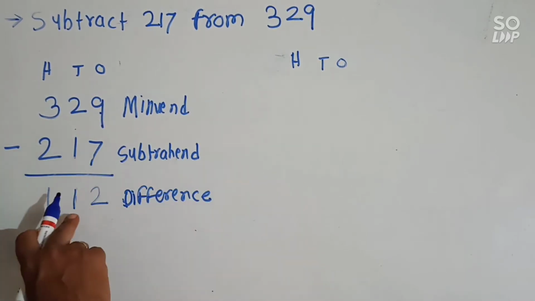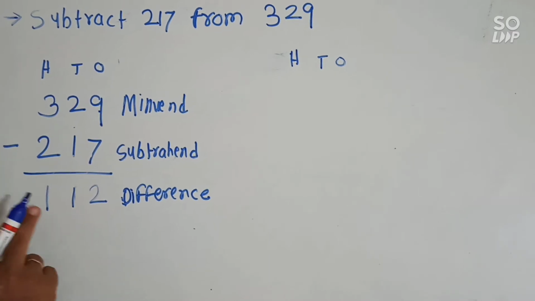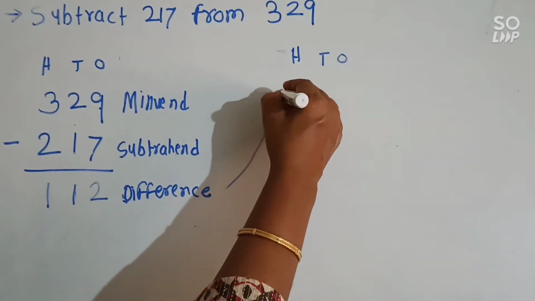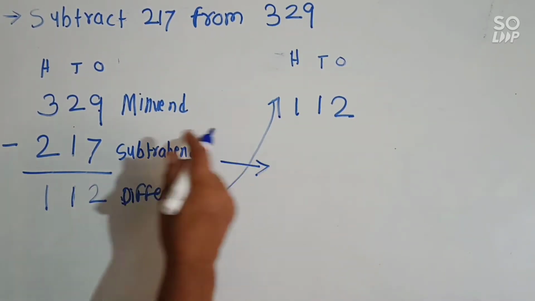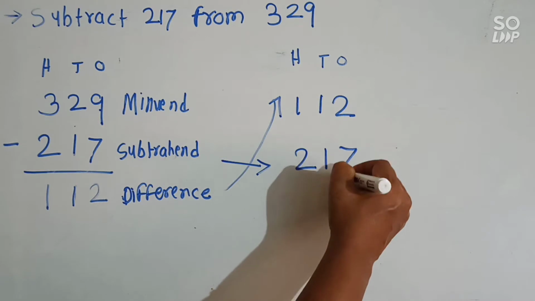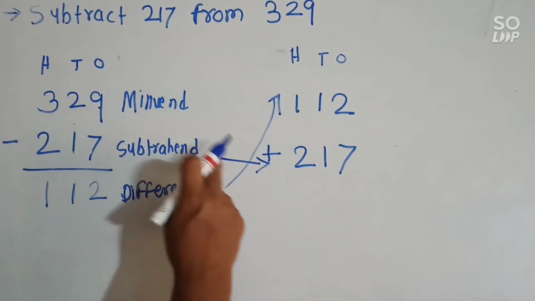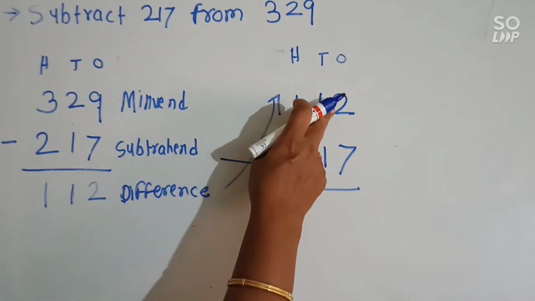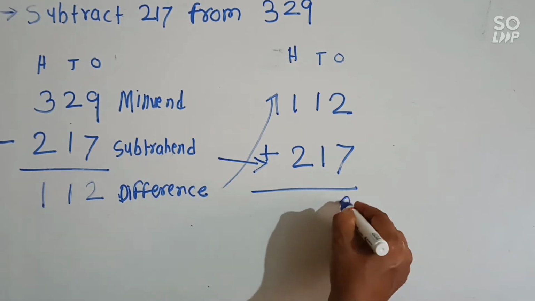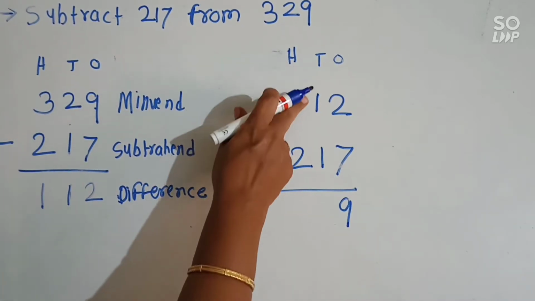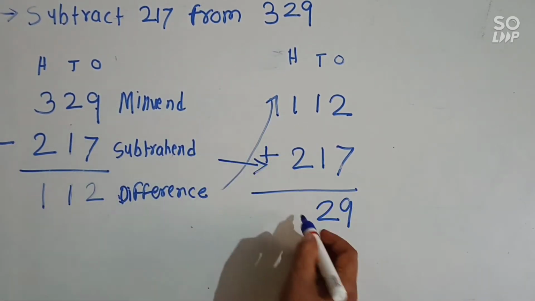Now we have to see whether the difference is correct or not. We write this difference 112 here, then the subtrahend 217 here, and do the addition. Then 2 plus 7 is 9. Tens place 1 plus 1 is 2. Hundreds place 1 plus 2 is 3.